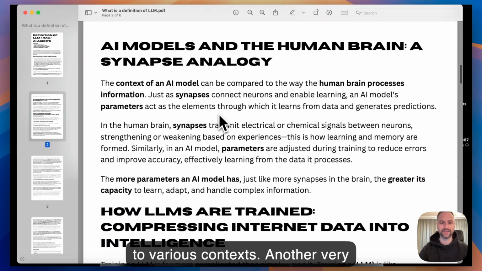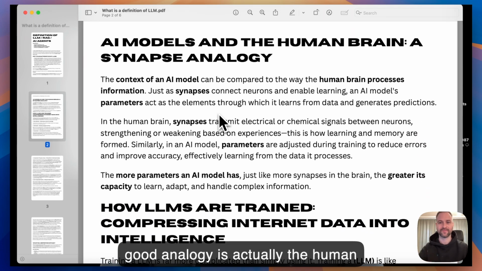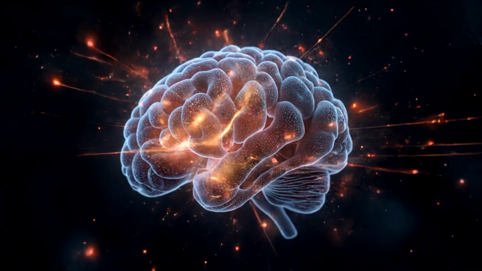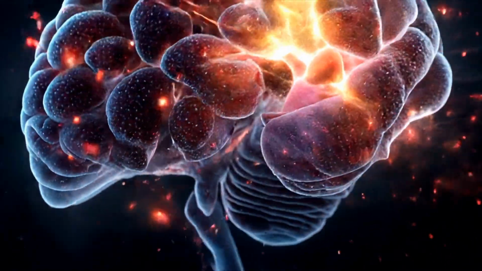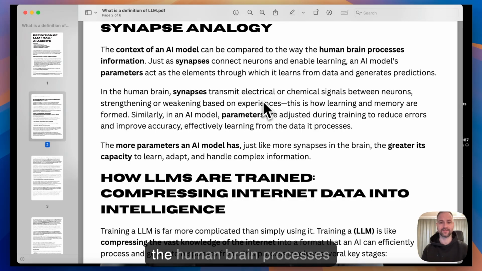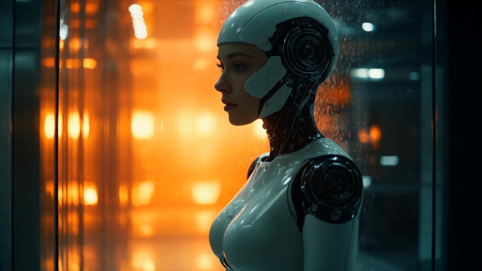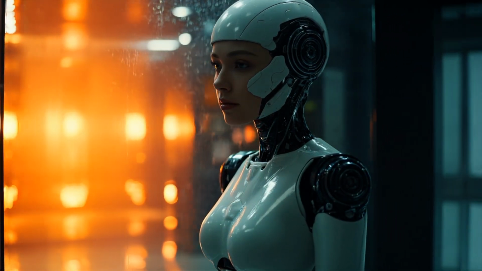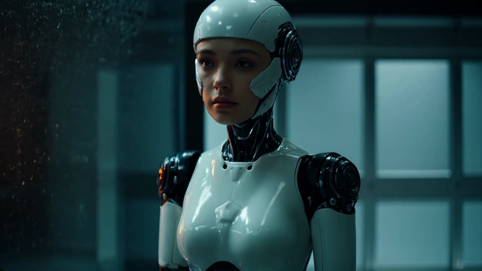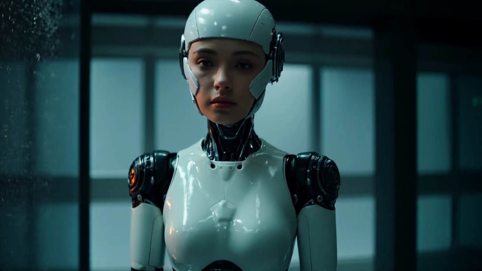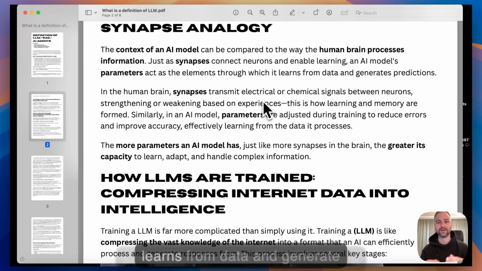Another very good analogy is actually the human brain and maybe the synapse analogy, right? So the parameters of an AI model can be compared to the way the human brain processes information. Just as synapses connect neurons and enable learning, in AI models, parameters act as the elements through which it learns from data and generates predictions.